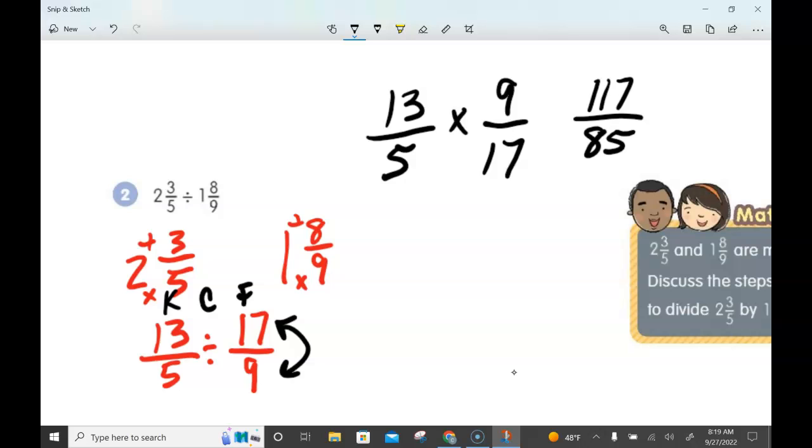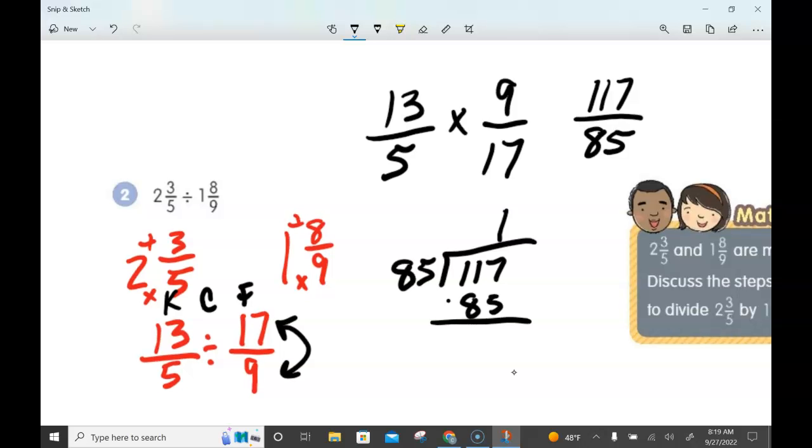Now we need to change this improper fraction to a mixed number. So we have 85 into 117. Okay, we know 85 goes into 117 one time. 1 times 85 is 85. 7 minus 5 is 2. And then we have 11 minus 8 is 3.